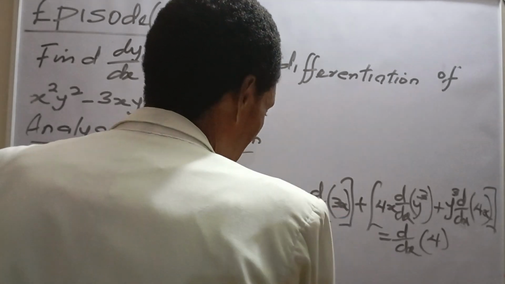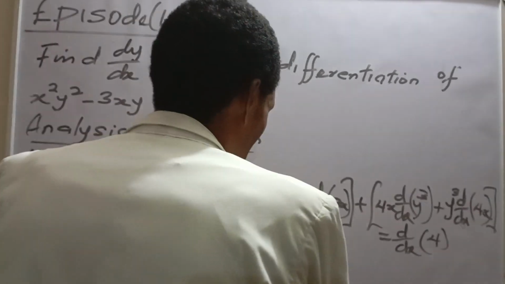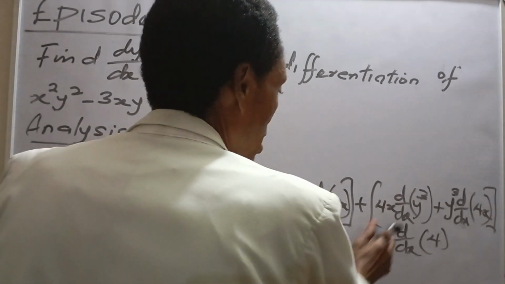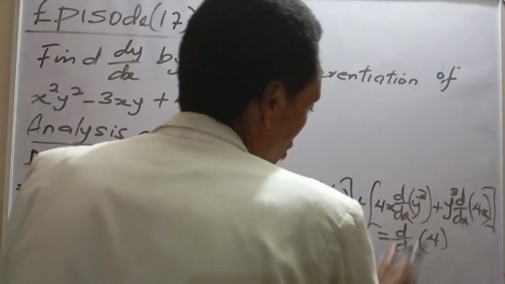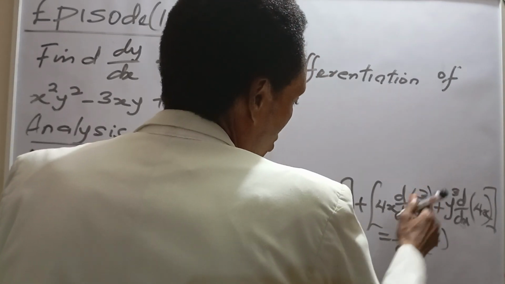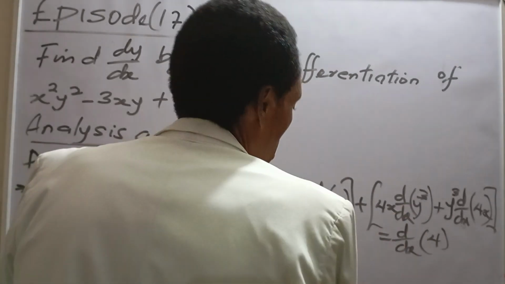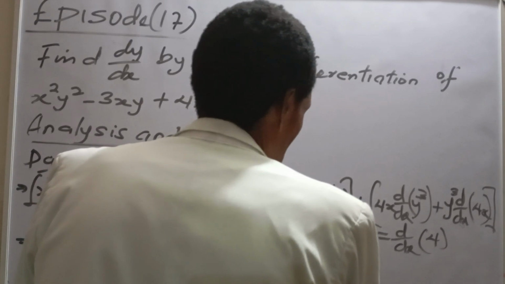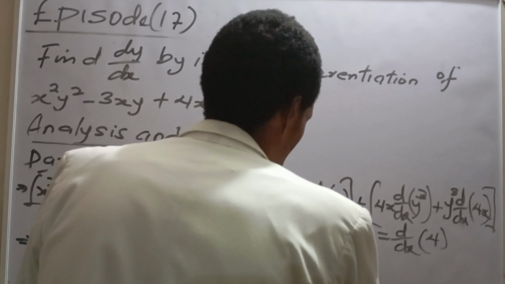Do you see I did not apply dy/ds because it's 3s. Then plus, differentiation of this one, this is 3 times this, it will give me 12. Then 3 minus 1 will give you 2, so it will give us 12s y index 2, then dy/ds.